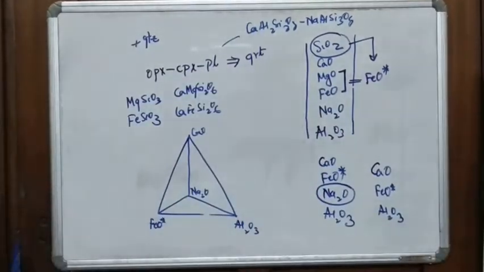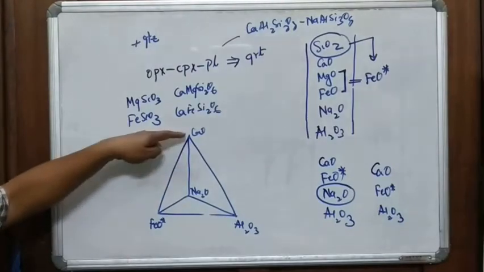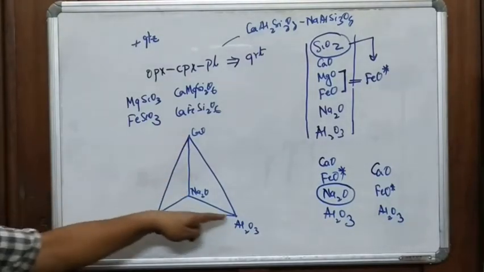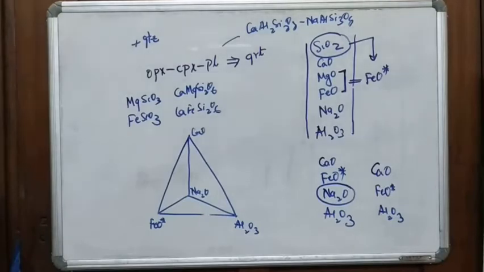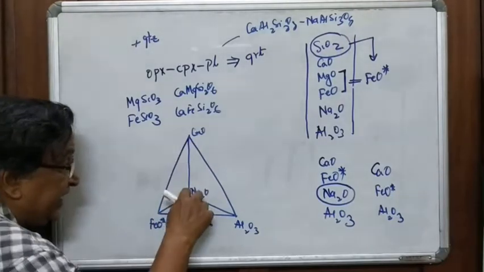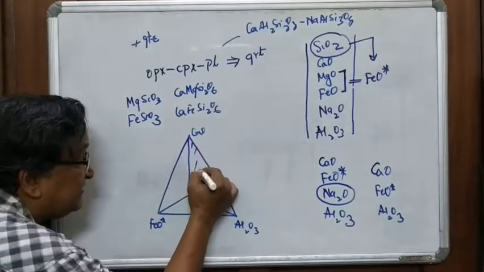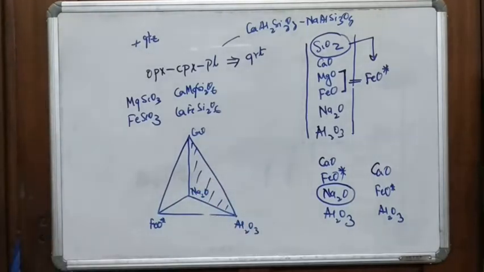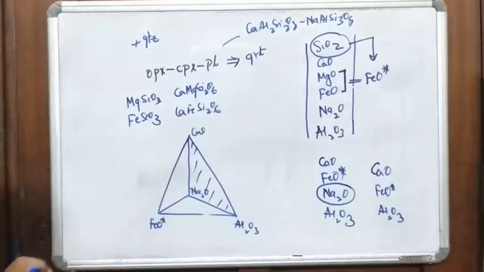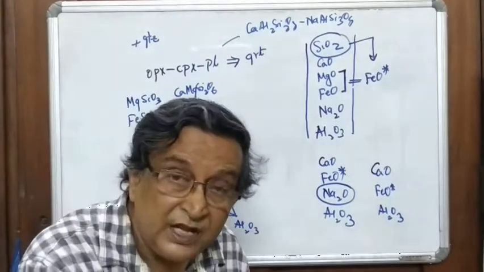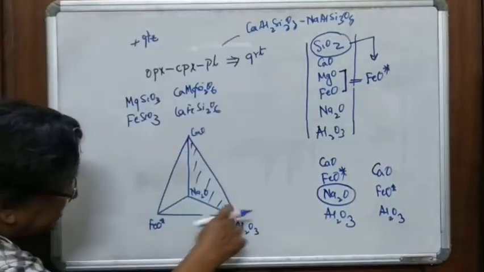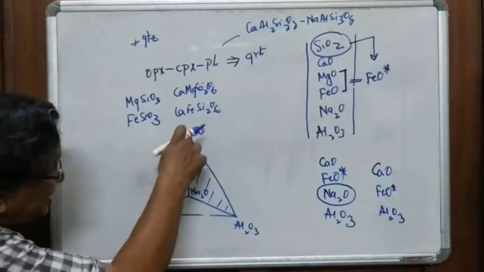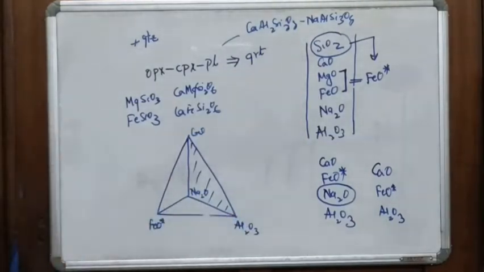Why? Because plagioclase should lie on the CaO, Na2O, Al2O3 face. This is the face where plagioclase will lie. But garnet, orthopyroxene and clinopyroxene, they will lie on this front face, CaO, FeO star and Al2O3.